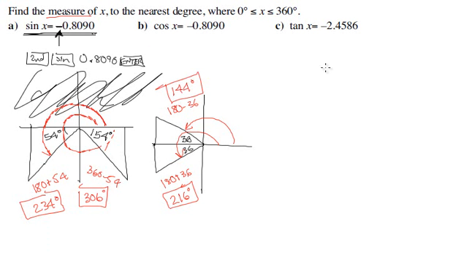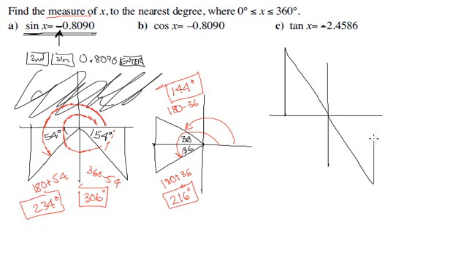And last one, tangent. Again, it's negative, so what quadrants are we in if tan is negative? Either we're here, or we could be in quadrant 4. Those are the two where tan is negative. What's our reference angle?